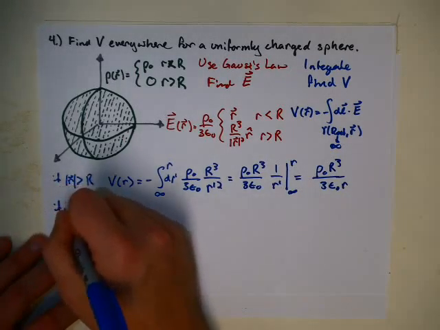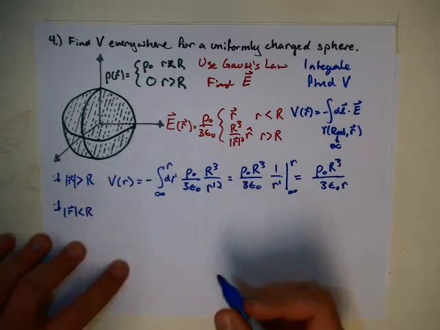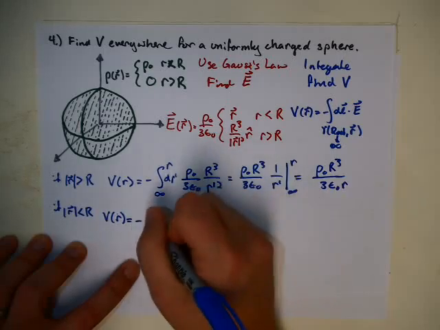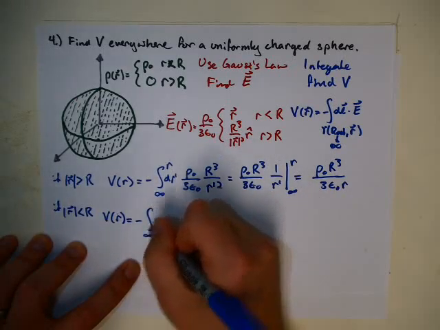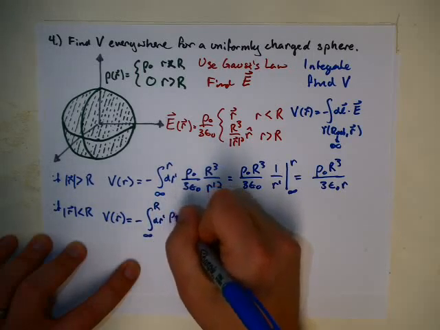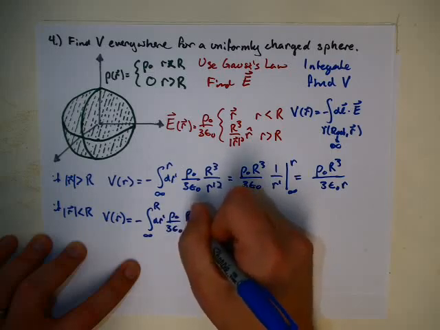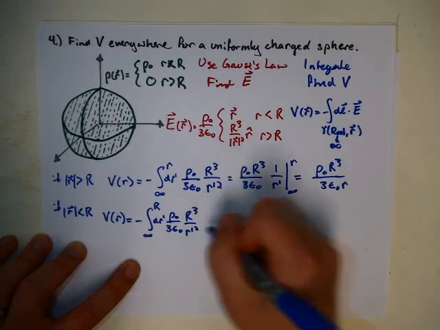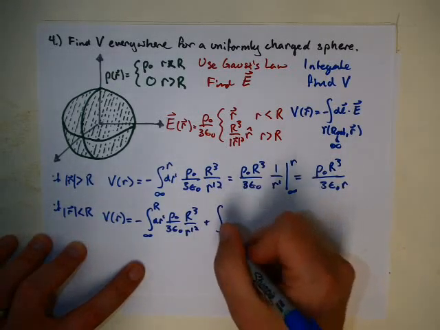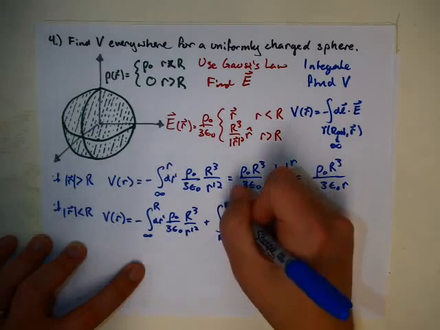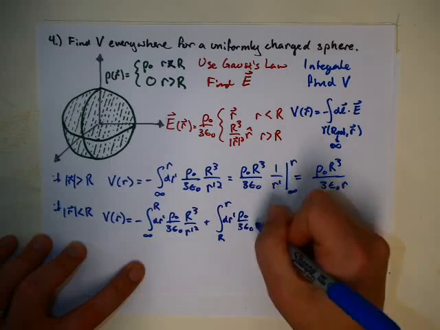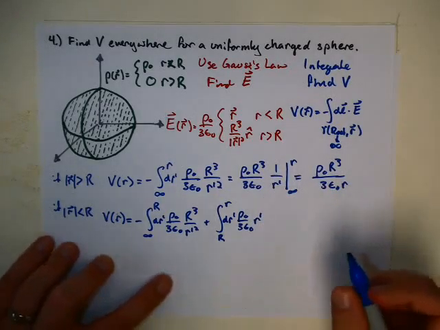If r is less than R, we have to break this into two steps. So the potential will be broken into two integrals: the integral from infinity to capital R, dr prime, rho naught over 3 epsilon naught, capital R cubed over r prime squared, plus the integral from capital R to lowercase r, dr prime, rho naught over 3 epsilon naught, little r prime.